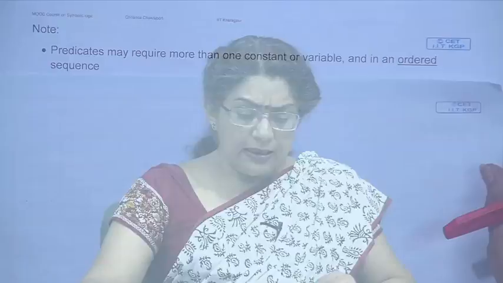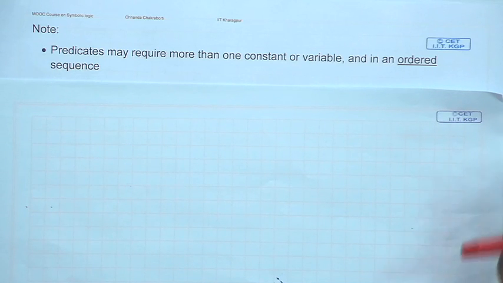Okay, so we have covered individual constants, then looked into the predicate symbols, and we also saw the individual variables. Now, notice that so far we kept it rather simple, but there are predicates which require more than one constant or variable. These are called n-place predicates, n for any variable number of symbols.